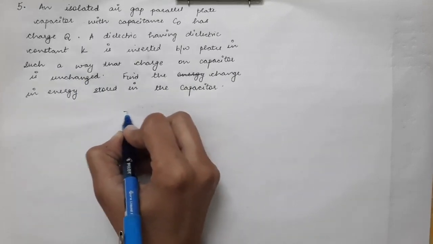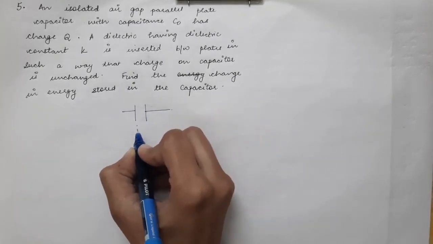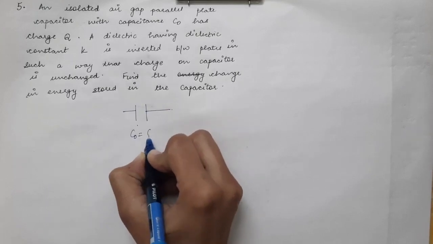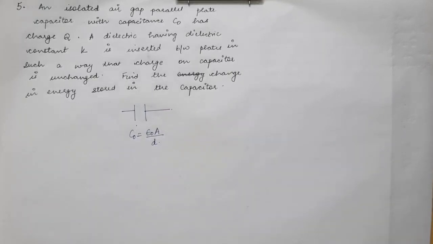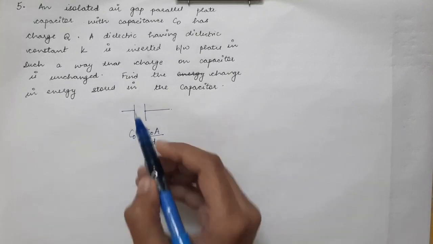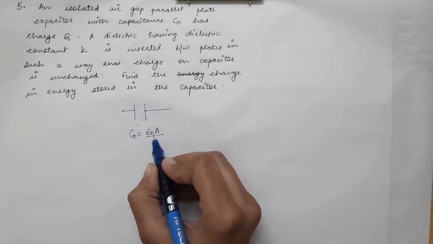So firstly we are given a capacitor whose capacitance is equal to C0 and it will be equal to epsilon naught into capital A divided by small d. So this is the capacitance because it is filled with air medium. So therefore we have epsilon naught over here.